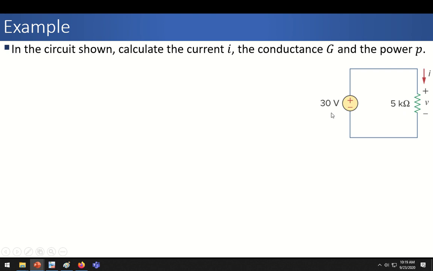Obviously when we apply 30 volt, a certain amount of current will flow through this resistance. That current we can again find using Ohm's law. The problem is that we have to find that current I, also the conductance G, and the power that is dissipated by this 5 kilo ohm resistance.